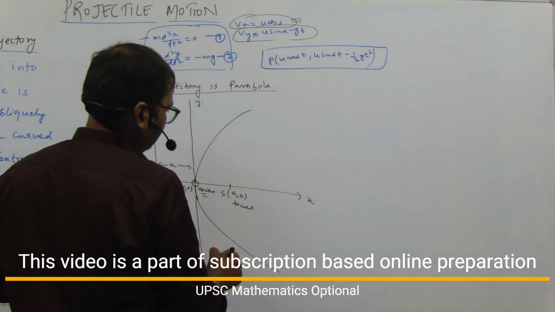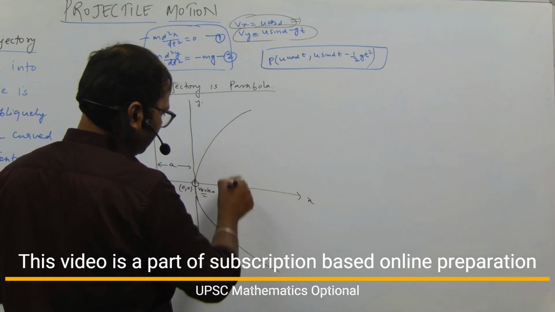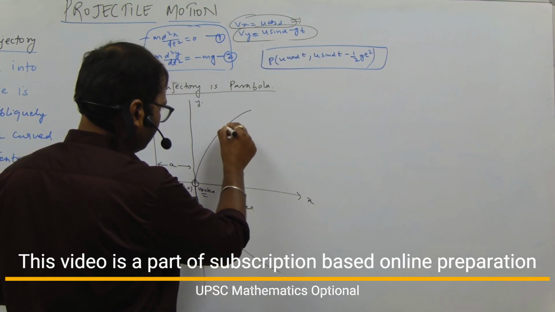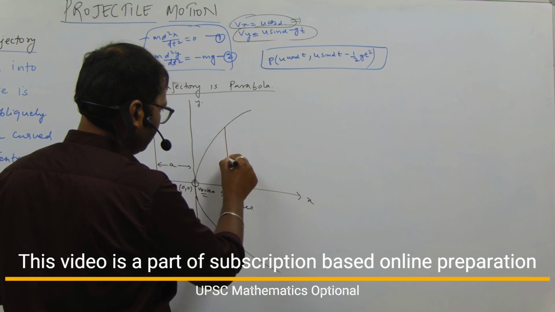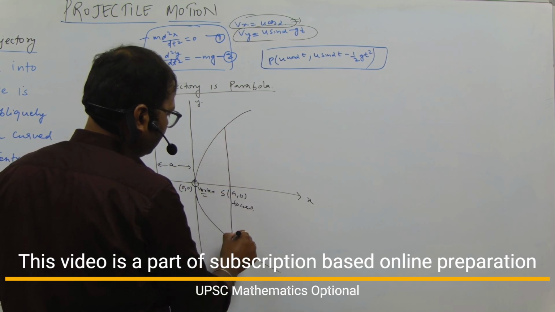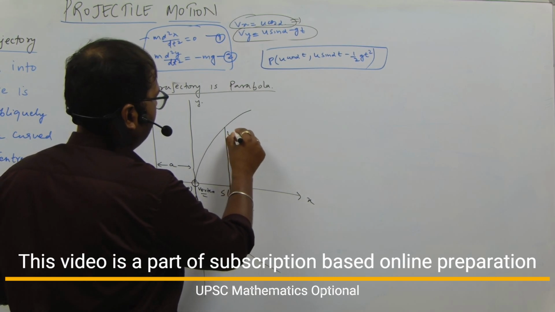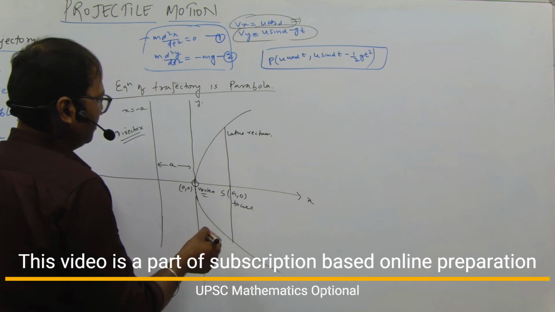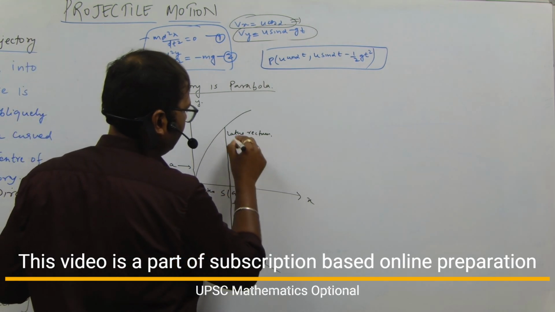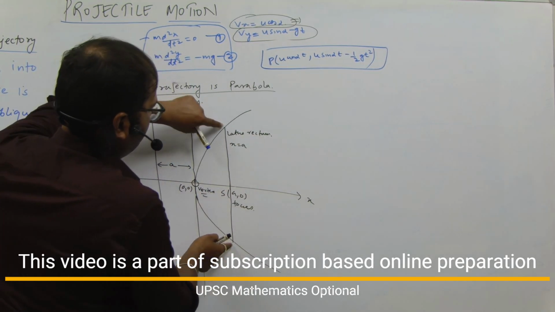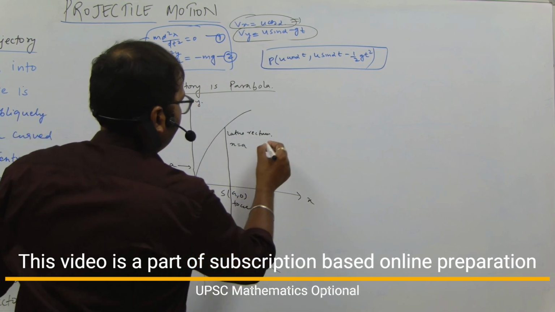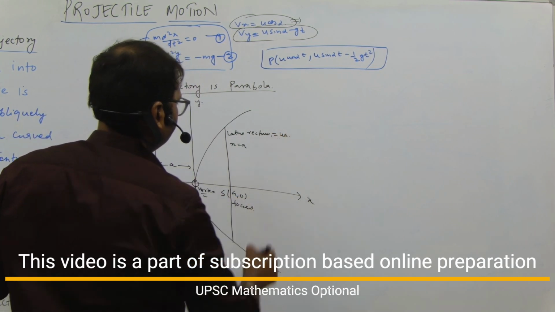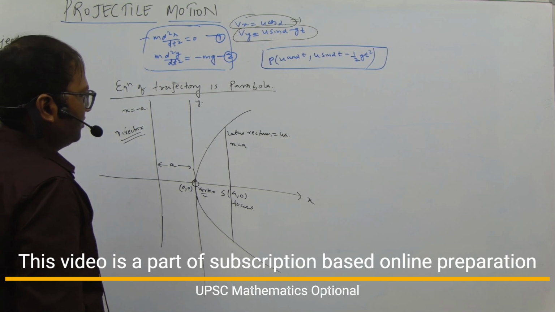If you draw a vertical line passing through the focus, parallel to the y-axis, this is the latus rectum. Its equation is x is equal to a, and this whole distance is the latus rectum, 4a. How can we find this distance?